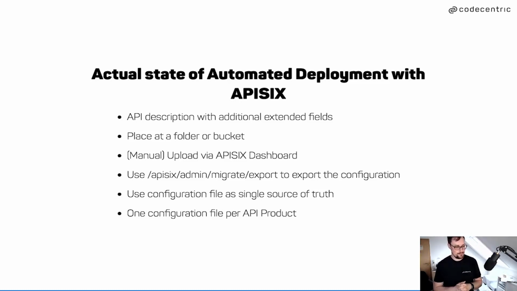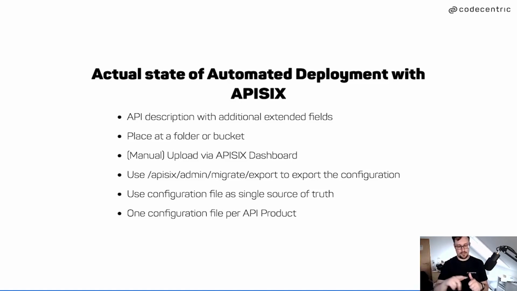The good thing is, after we uploaded the information to the dashboard, it's available to be exported through the APISIX admin API. So we are able to export the configuration and use the configuration file as a single source of truth actually. So with this we are able to bring it more up.